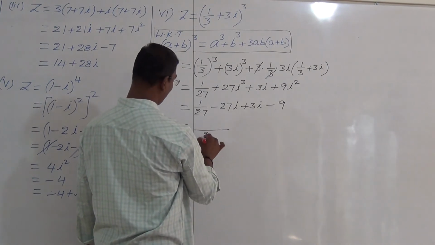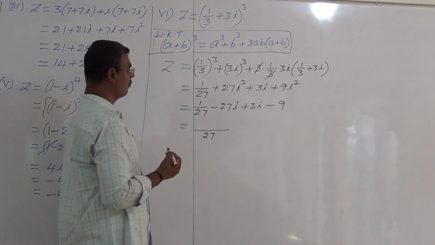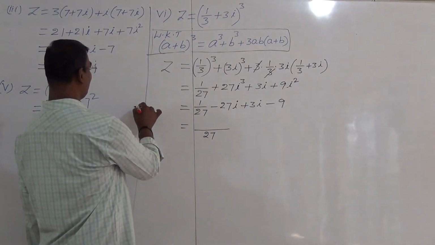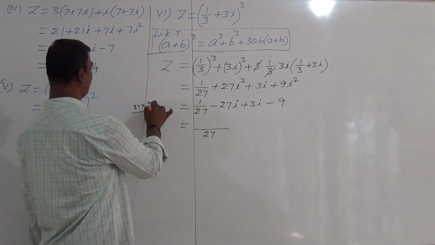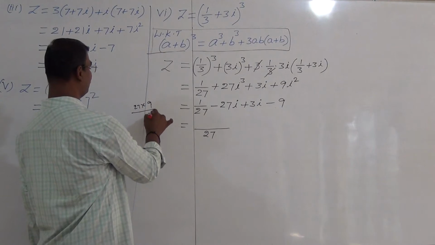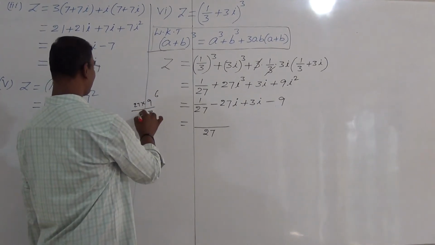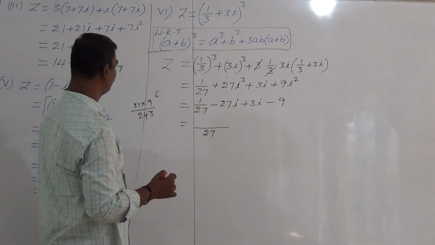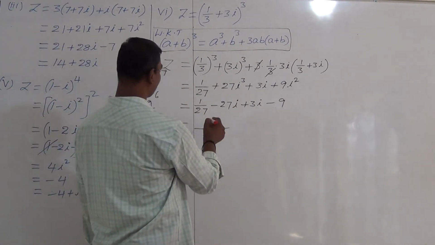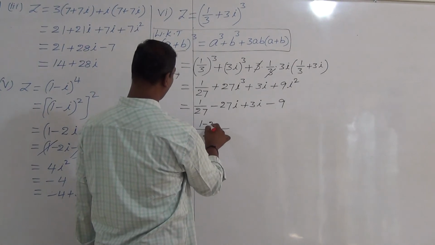So LCM will be 27. So 27 into 9, 9 7s are 63, 6 carry. 9 2s are 18, 18 plus 6, 24. So 1 minus 243.